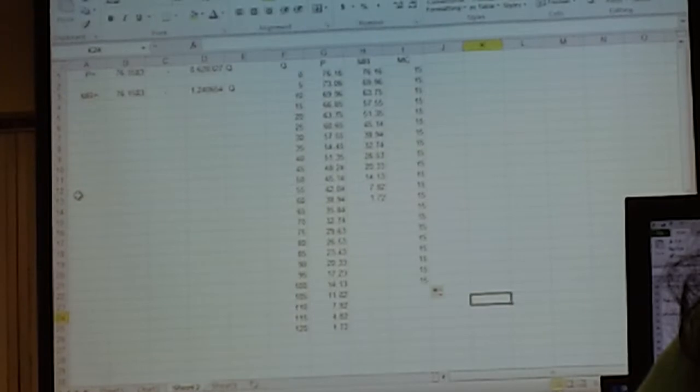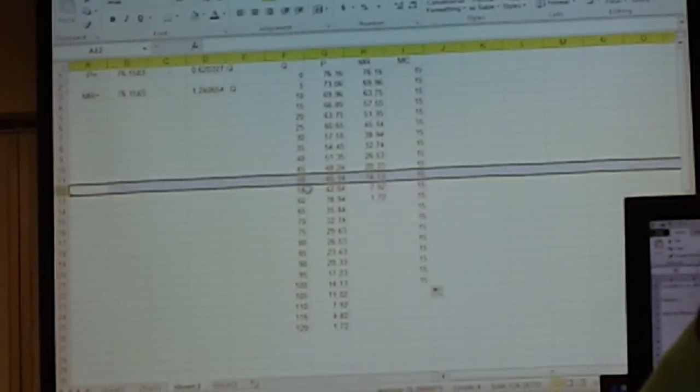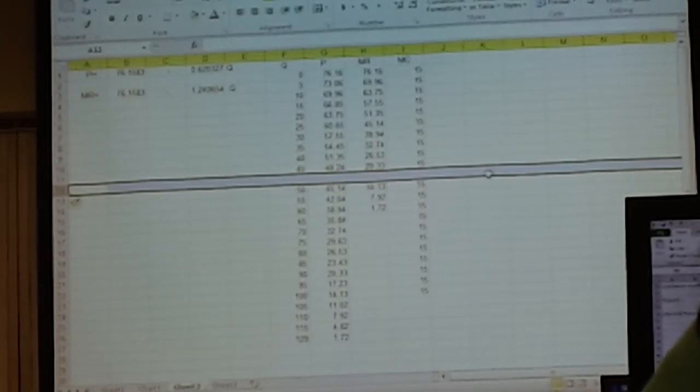That would be the price, right? Now, it's gonna be between 45 and 50. Now, let's take a stab at it. Let's say 46.